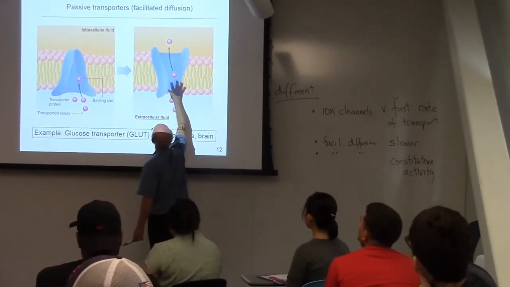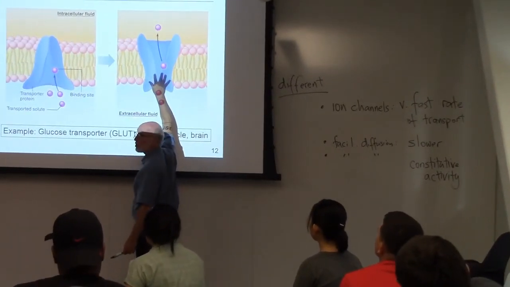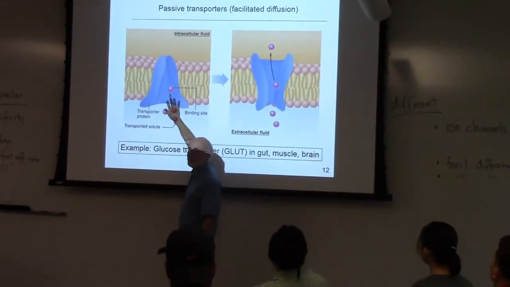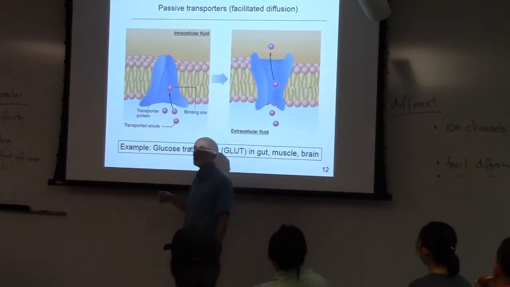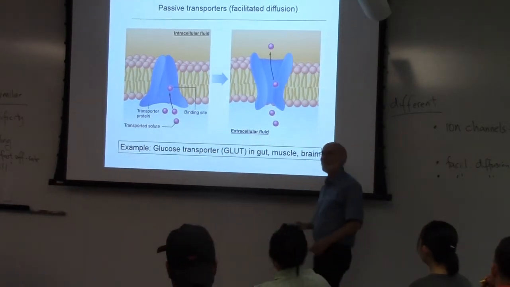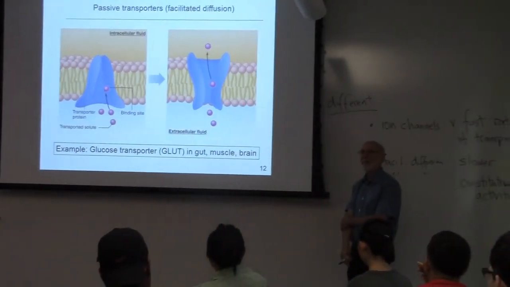But then, even in the absence of the solute, it can undergo the conformational change back to the original position. So some of the conformational changes depend on the binding, but some of them don't. That's a trick question.